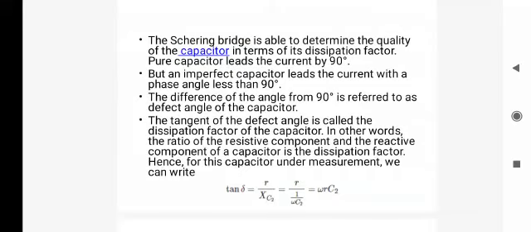That is, tan delta equals small r by Xc2. That is, the ratio of the resistive component to the reactive component of a capacitor is called the dissipation factor of the capacitor, which is denoted as tan delta. So this is how the Schering bridge works.